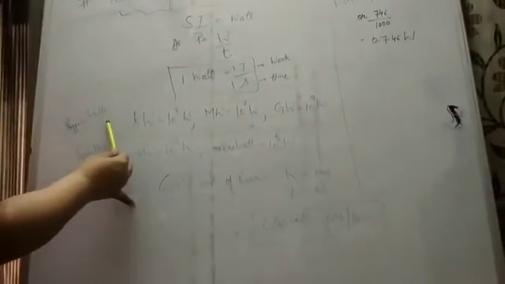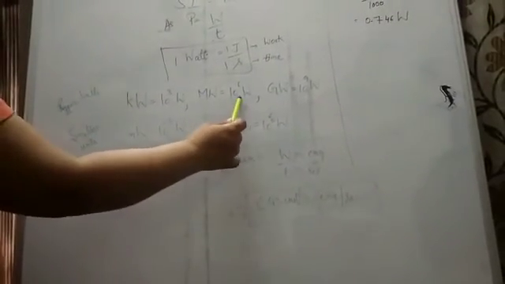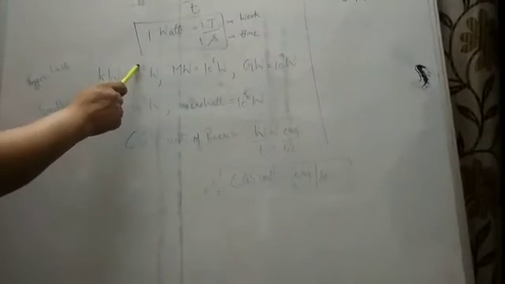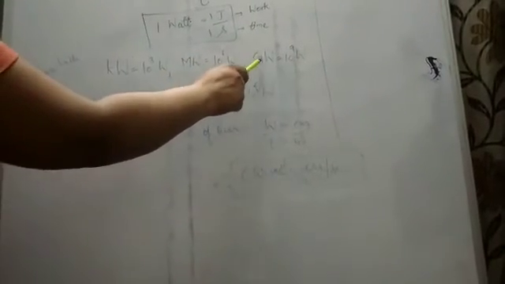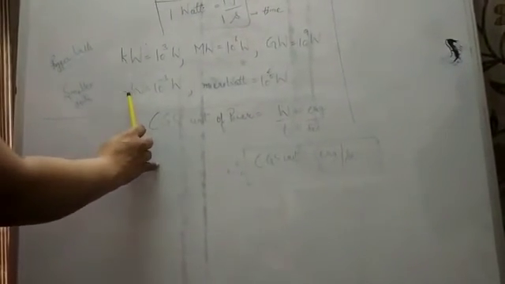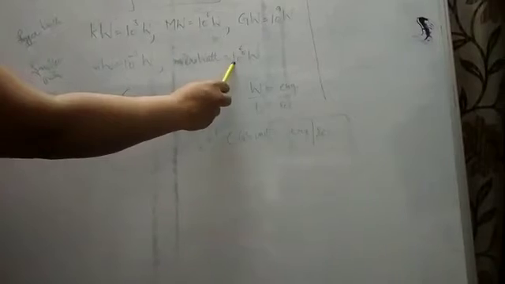Now some bigger units of power: kilowatt, megawatt, gigawatt, where kilowatt is equal to 10 raised to power 3 watt, megawatt is equal to 10 raised to power 6 watt, gigawatt is equal to 10 raised to power 9 watt. Now smaller units: milliwatt is equal to 10 raised to power minus 3 watt, microwatt is equal to 10 raised to power minus 6 watt.